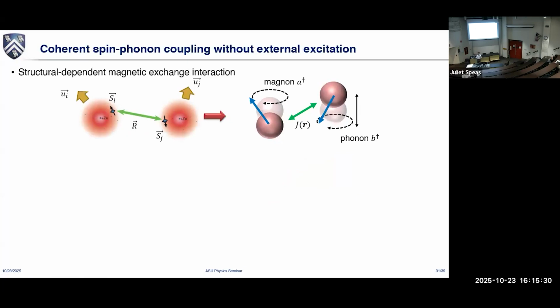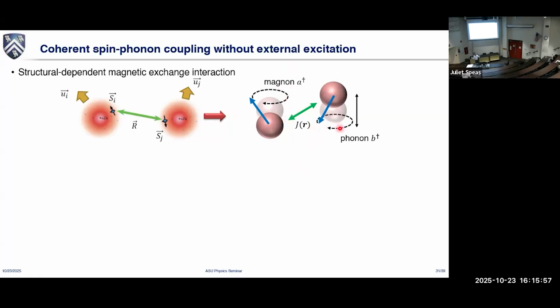So let's switch gears a little bit, not looking at the spin itself, but the spin waves, okay? So spin, of course, is pretty useful, but if we want some coherent spin dynamics, then it will basically be spin waves, right? And the spin wave has at least one benefit, which is that it can directly couple with phonons.